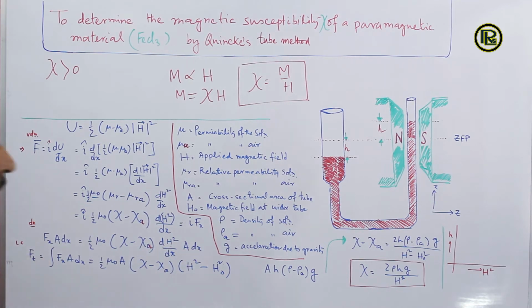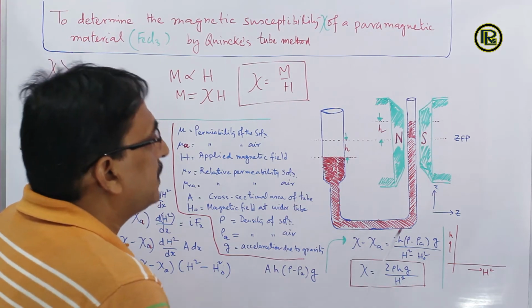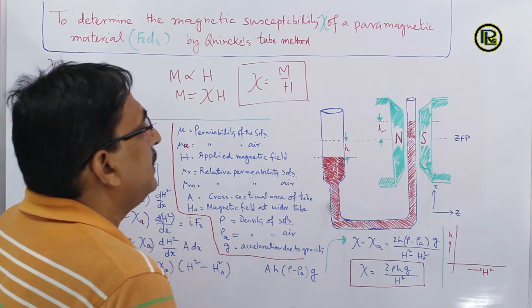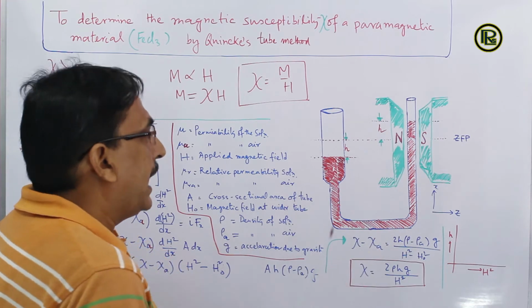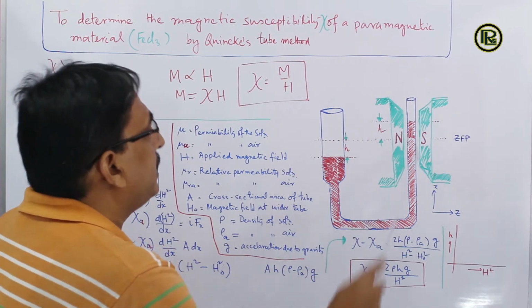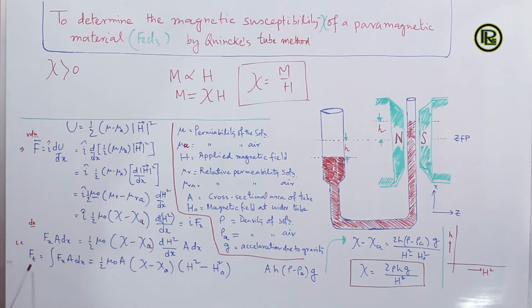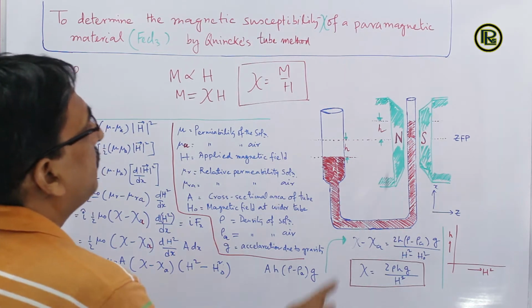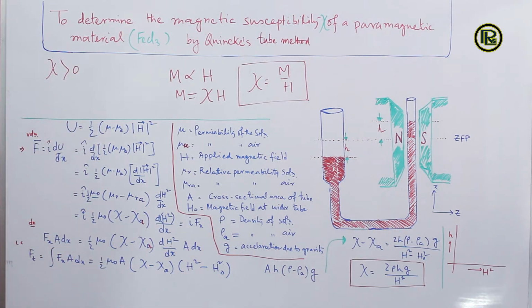And in this way, the force acting on the total liquid within the tube is equal to Ft, this equal to the integration over dx. That means integration over the full length of the tube.